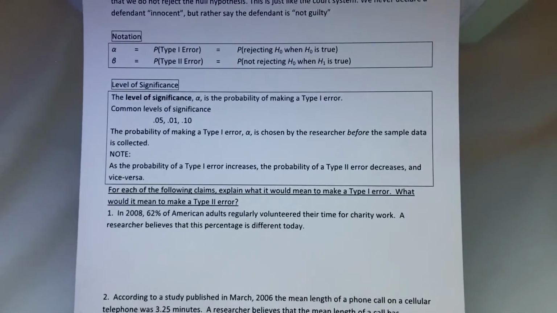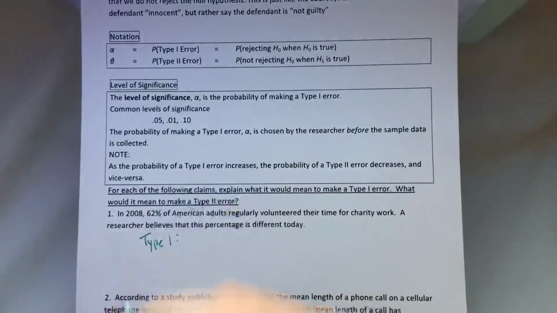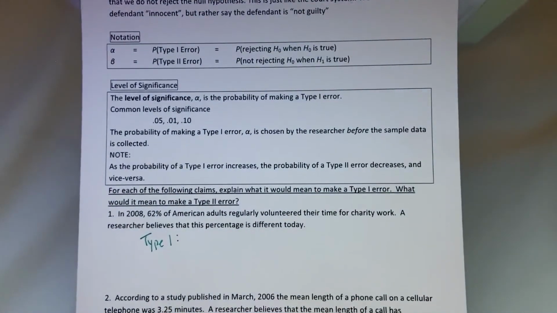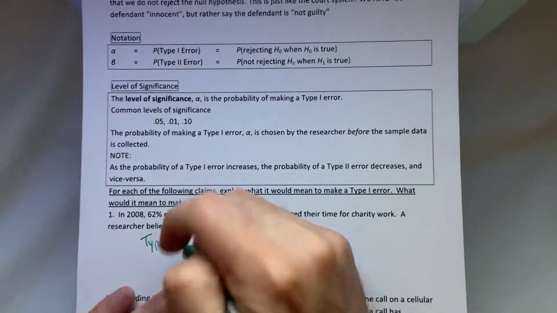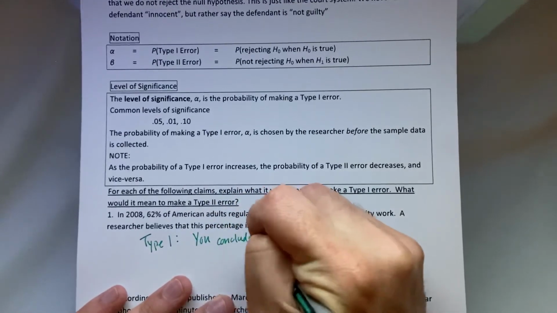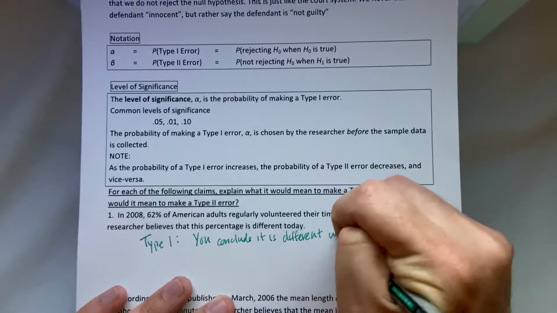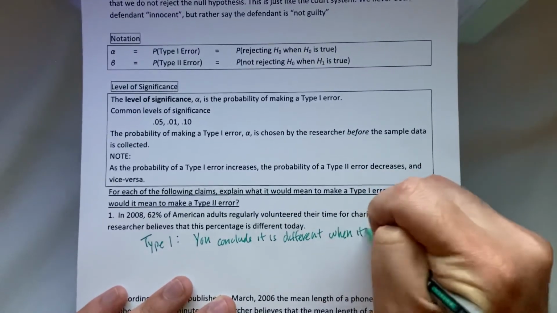So for each of the following claims, explain what it would be to make a type 1 or type 2 error. So in 2008, 62% of American adults regularly volunteered. A researcher believes the percentage is different today. So type 1 is where we reject the null hypothesis even though it's true. So you conclude it is different when it actually isn't, when it's still 0.62.